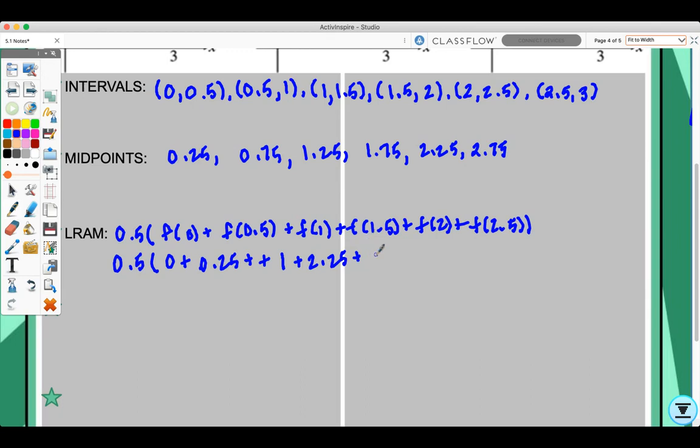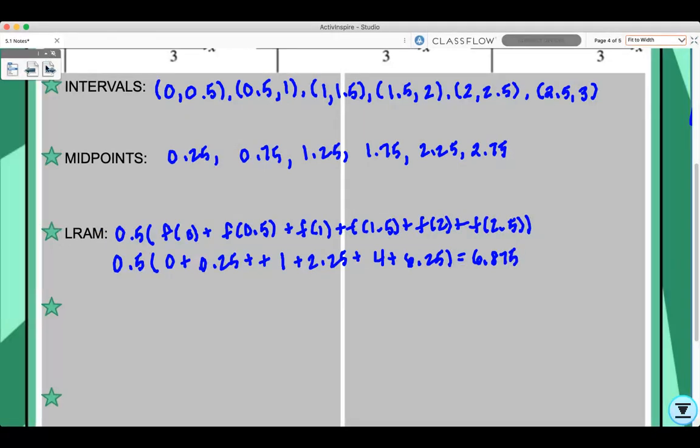Plus f of 2, which would be 4, plus f of 2.5, which would be 6.25. This would be, in total, 6.875. So this is your width times your length.